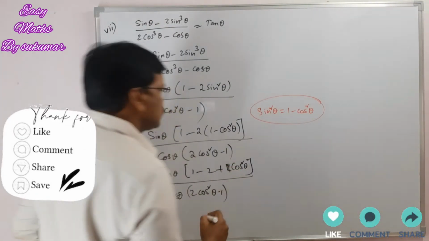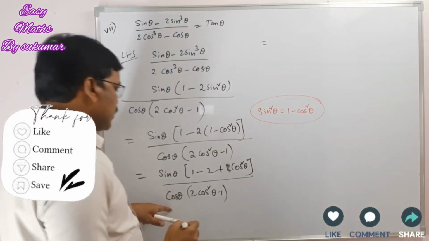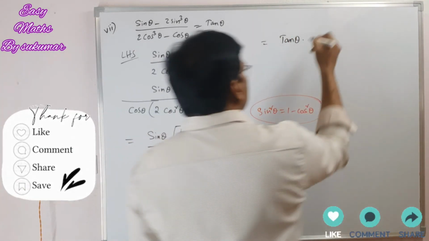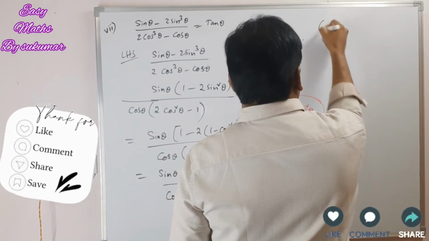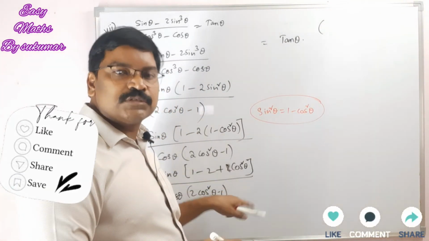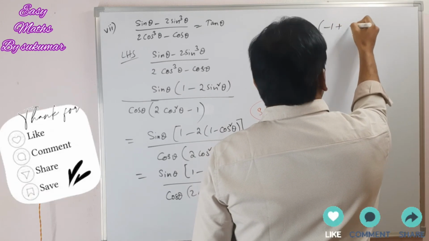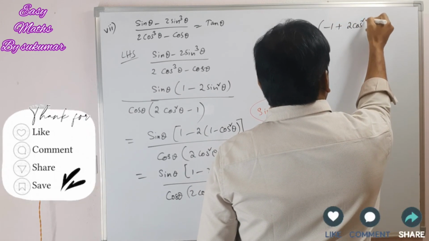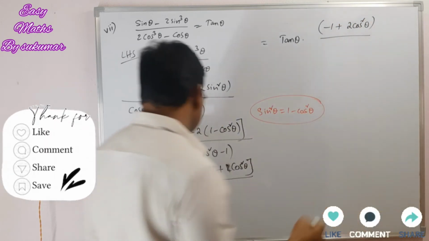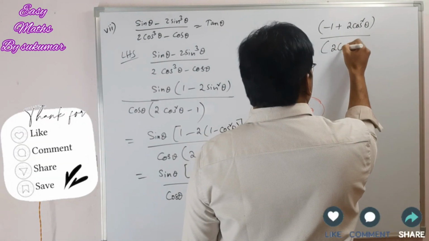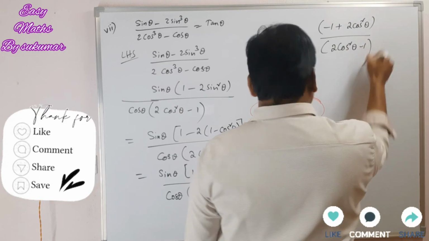So this is sin theta by cos theta, which is tan theta, times, just observe here, 1 minus 2 is minus 1. So that is minus 1 plus 2 cos square theta by 2 cos square theta minus 1.